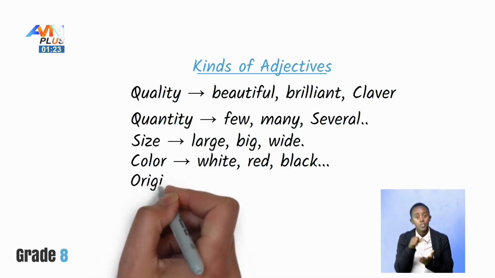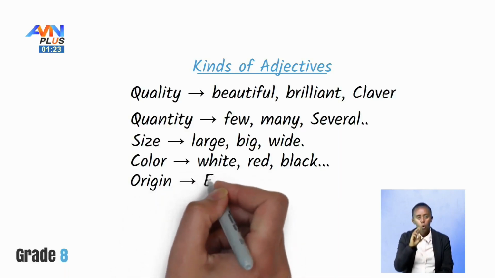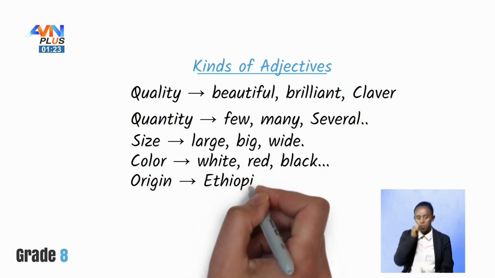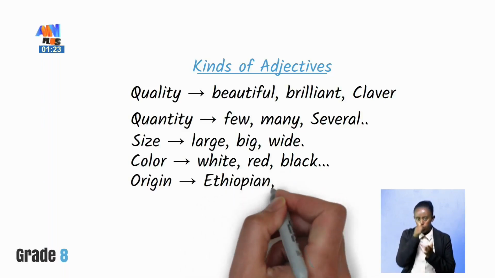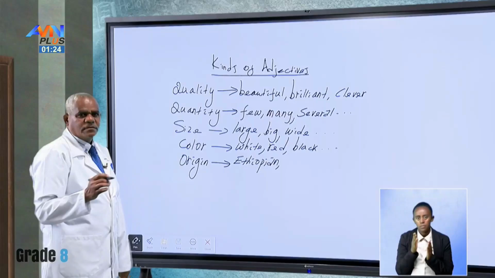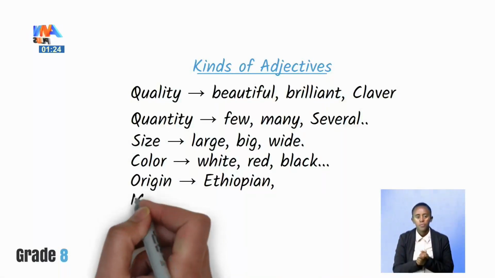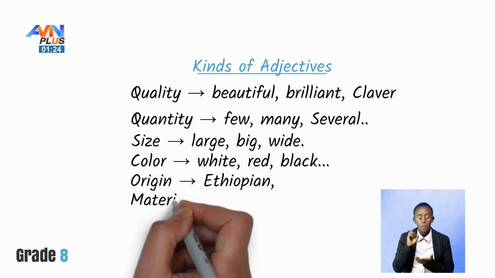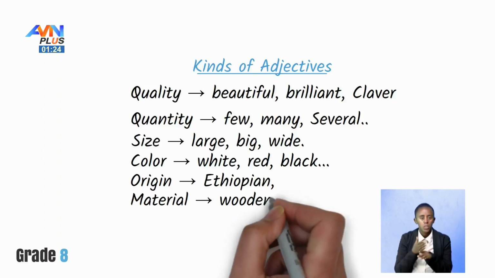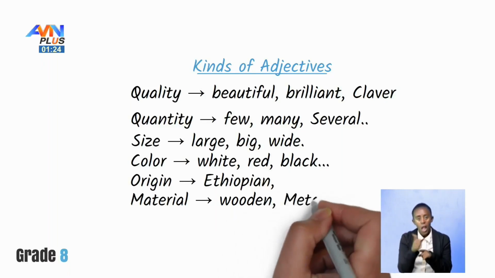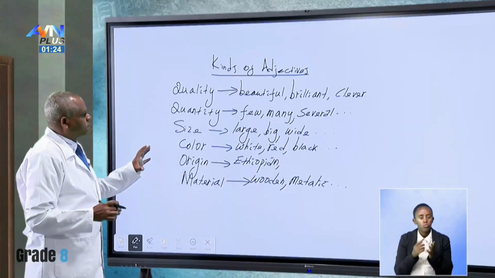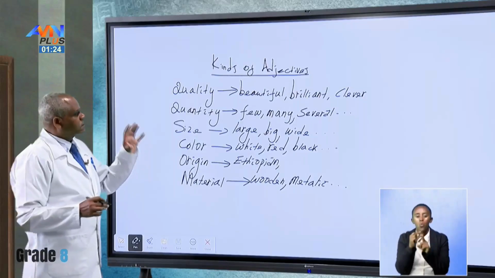The other one is origin: Ethiopian, Kenyan, etc. And the next is material: wooden, metallic, etc. So these are all different kinds of words that stand for adjectives.